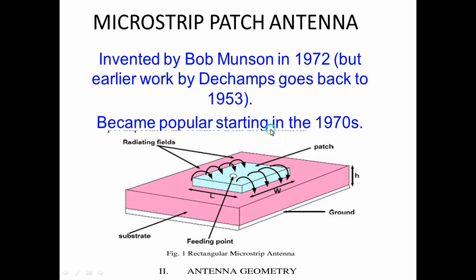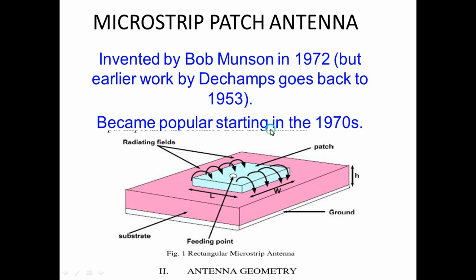After that, the microstrip patch antenna was reinvented by Bob Monsoon in 1972. After that, the microstrip patch antenna became very popular in mobile communications and mobile phone applications.